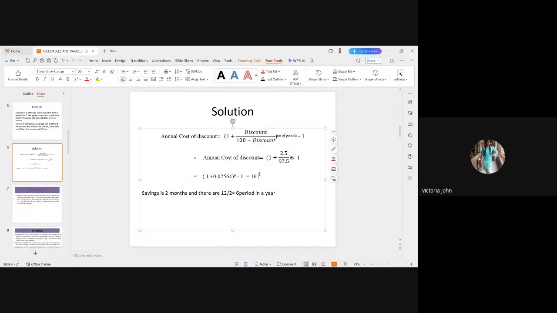No, Mr. Tope, I don't know if it's my calculator though, because I notice I'm having issues with the setting. Yes, calculator, it's correct. 16.405 percent.